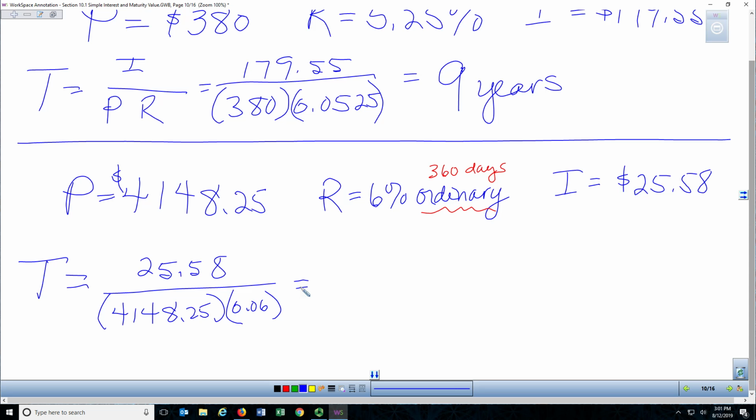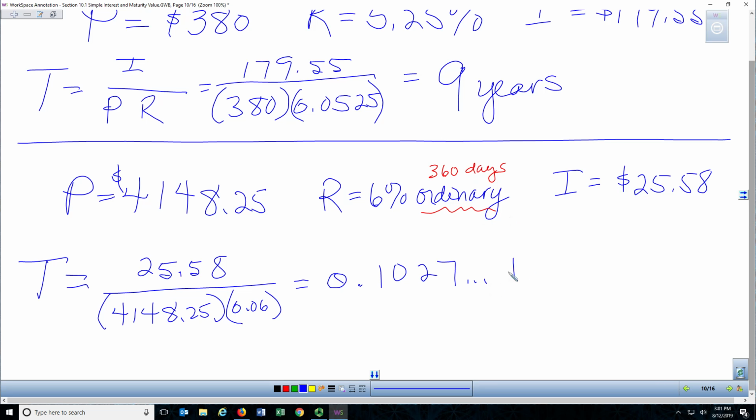And when I do that, 25.58 over 4148.25 times 0.06, I get this crazy decimal. And that is a year. So remember when we got T up here, this was years. And so this is years, but I want days.